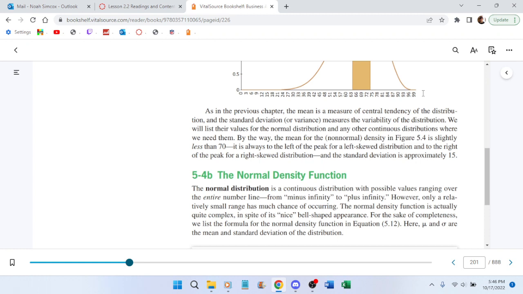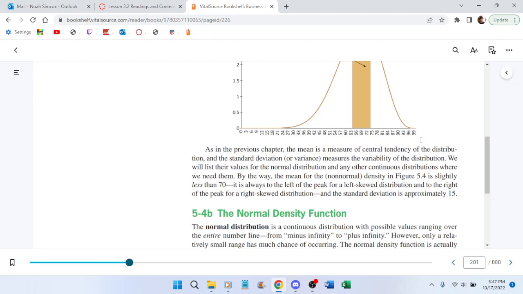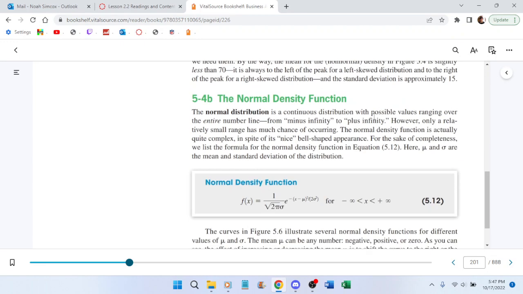Parameters, the measure of central tendency. Standard deviation is nothing. Oh, okay. No, the mean is less than 70. Normal distribution.